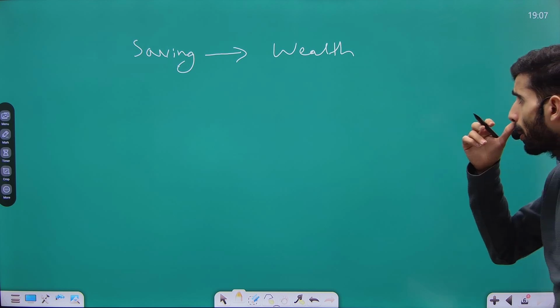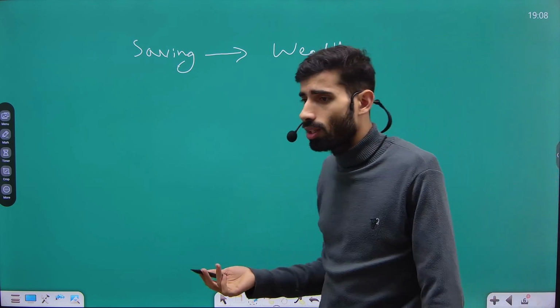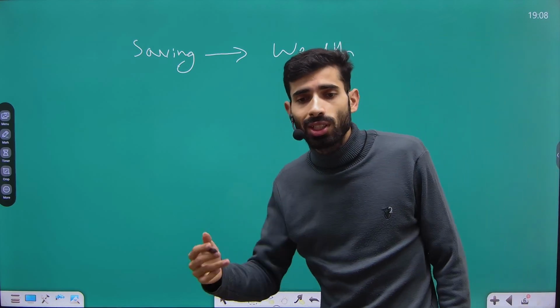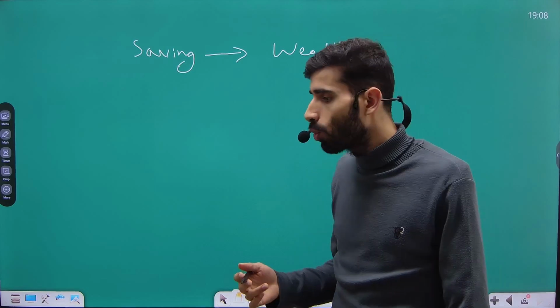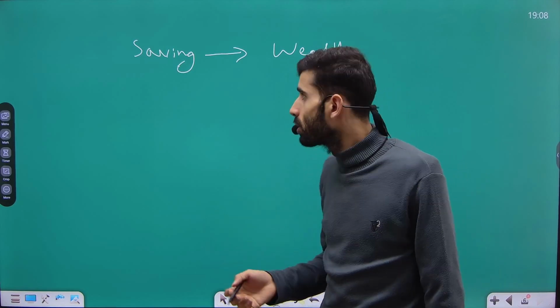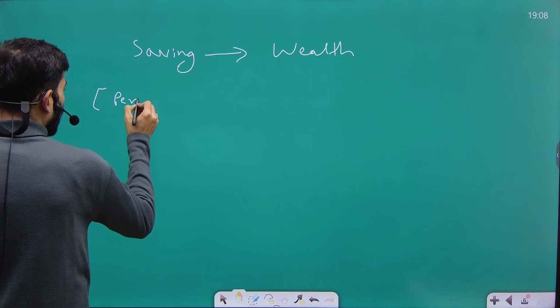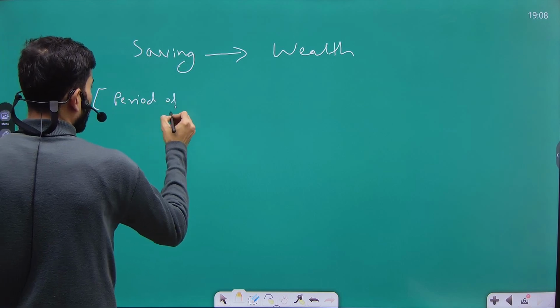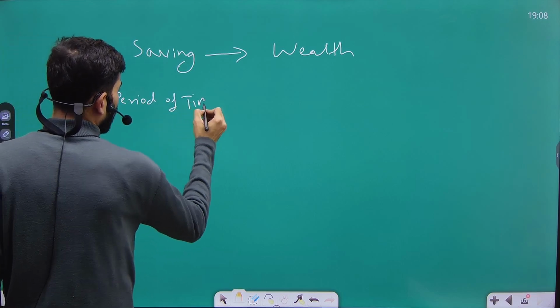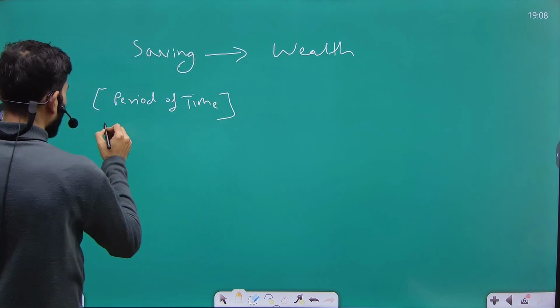So generally, whenever we ask about savings, we ask how much amount do you save in a week, or how much amount do you save in a month. So we are asking in a period of time, or we can also say unit of time.